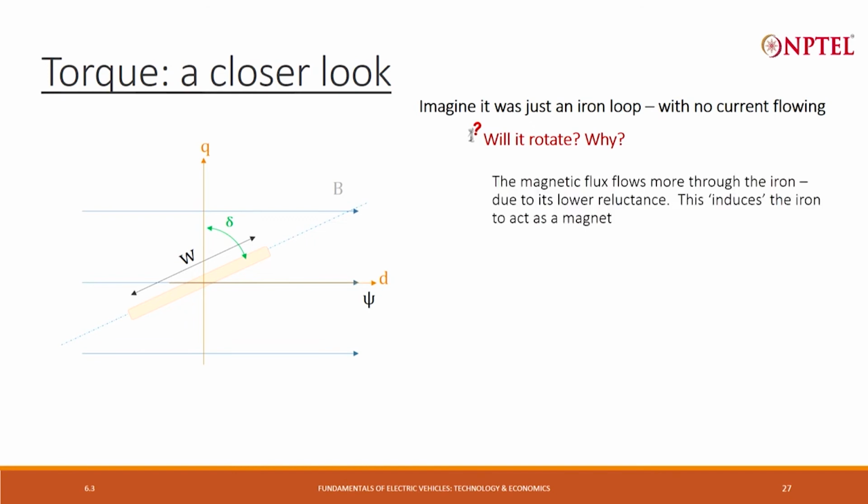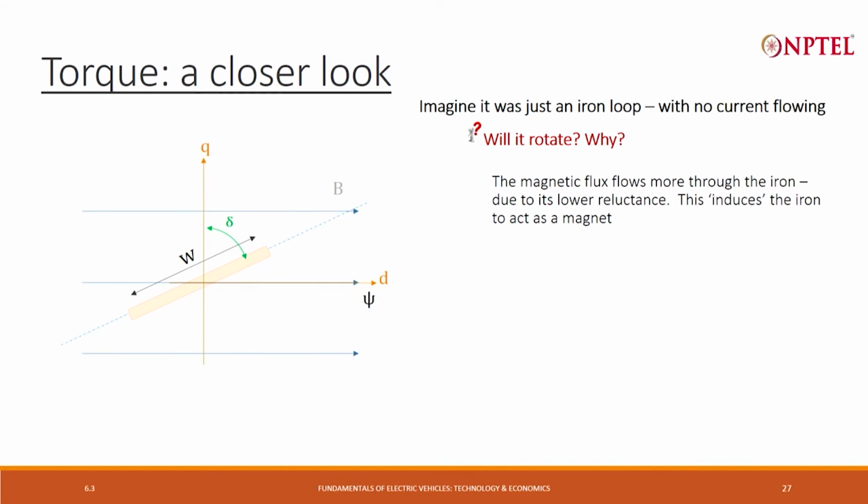If you look carefully, the magnetic flux is flowing from left to right, which means somewhere on the left there is a north pole and somewhere on the right hand side there is a south pole, but along the way there is the steel. The steel offers a path for the magnetic flux to flow which has lower reluctance.